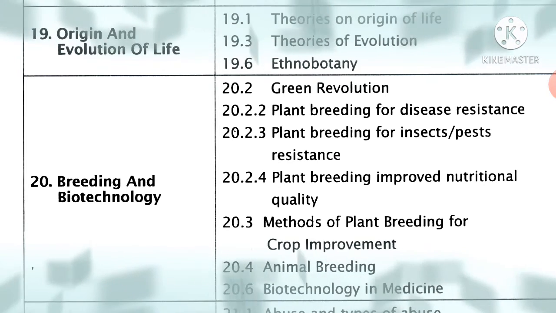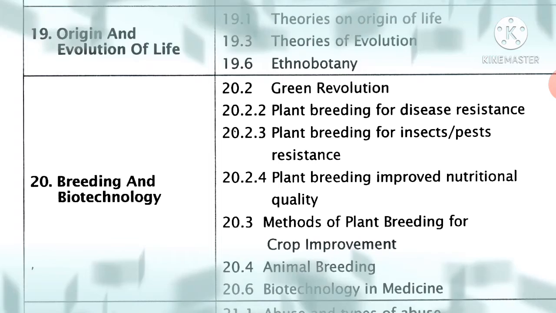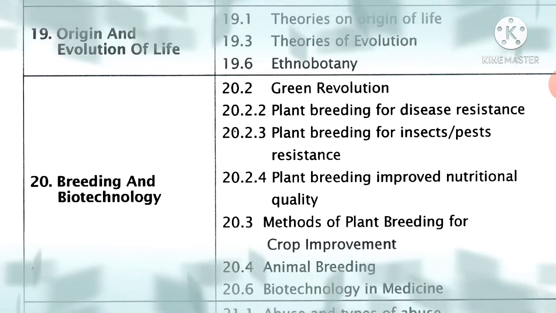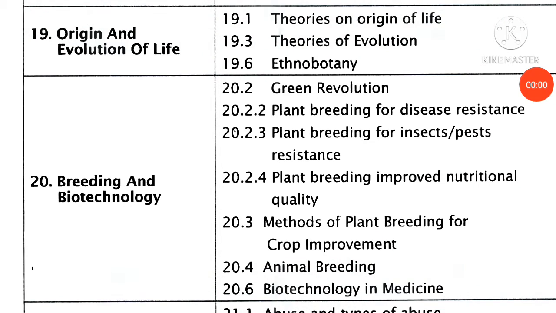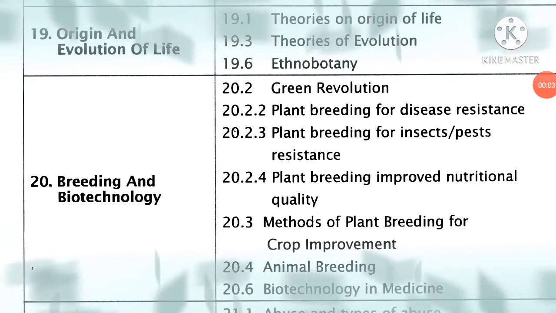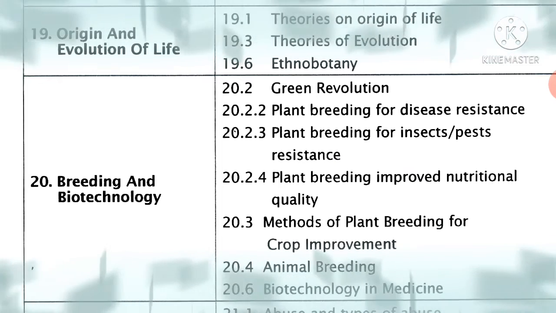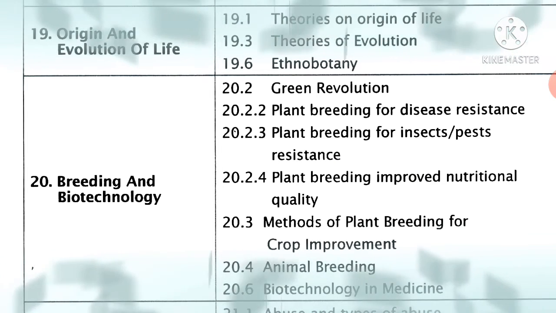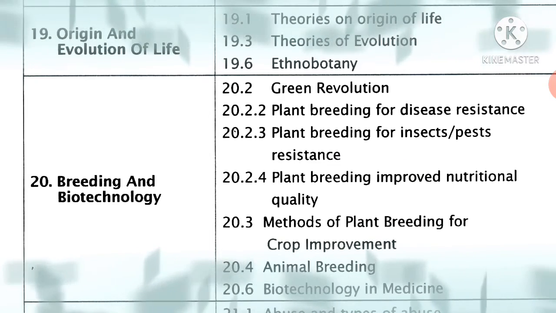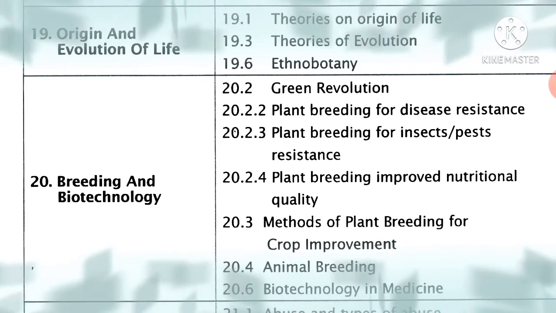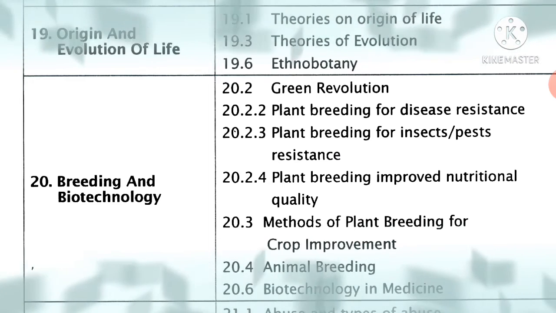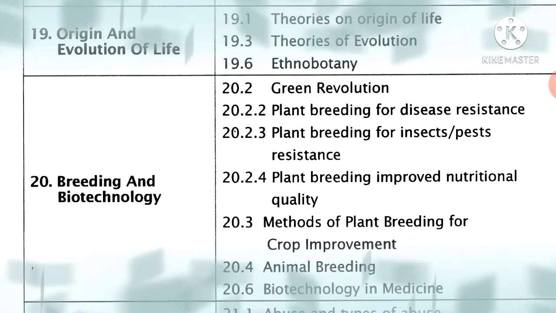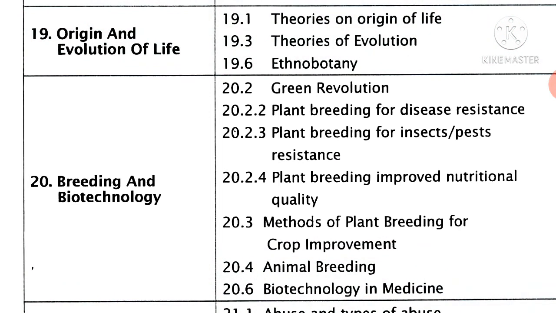Unit 20 Breeding and biotechnology. 20.2 Green revolution. 20.2.2 Plant breeding for disease resistance. 20.2.3 Plant breeding for insects and pests resistance. 20.2.4 Plant breeding, improved nutritional quality. 20.3 Methods of plant breeding for crop improvement. 20.4 Animal breeding. 20.6 Biotechnology in medicine.